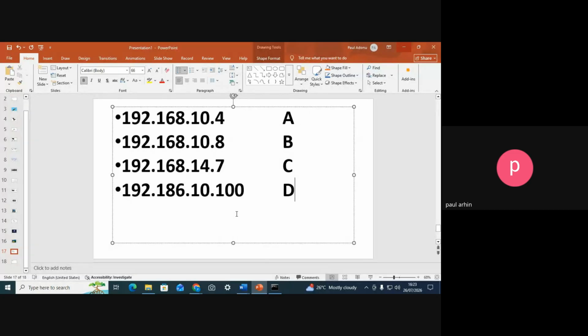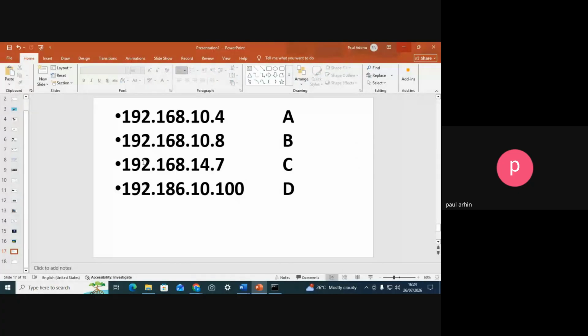All right. So let me just ask you basically, looking at all these classes of IP addresses, it's a class C IP address because they all start with 192, 192, 192, 192. So we expect that they are all class C IP addresses.